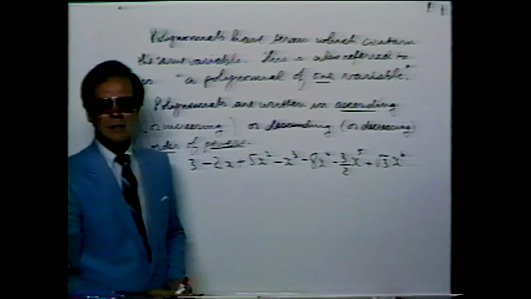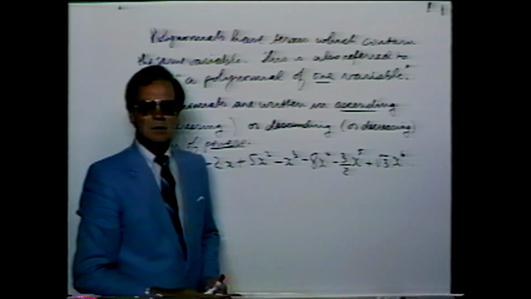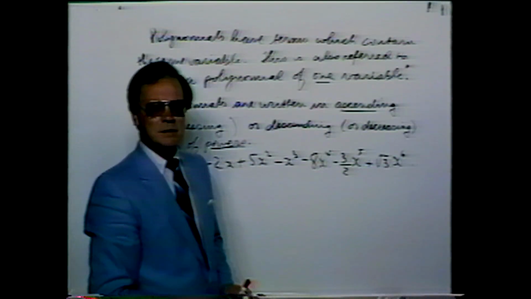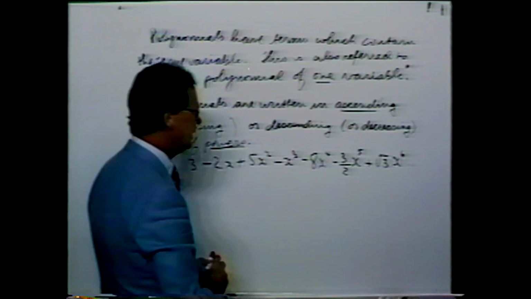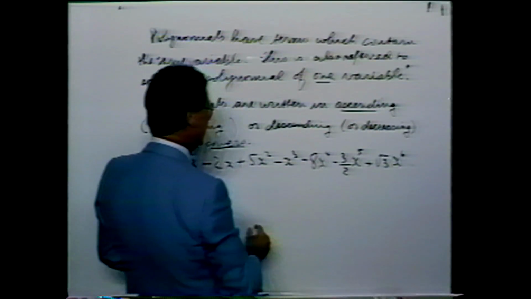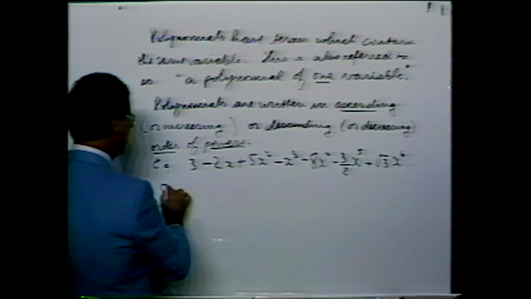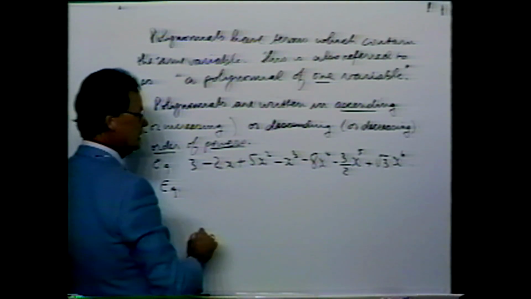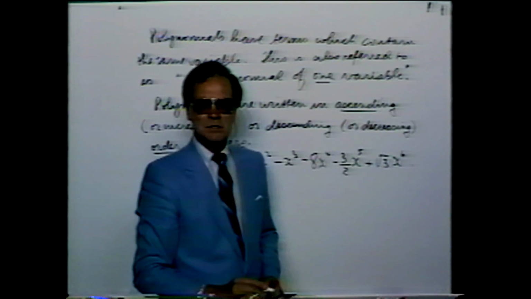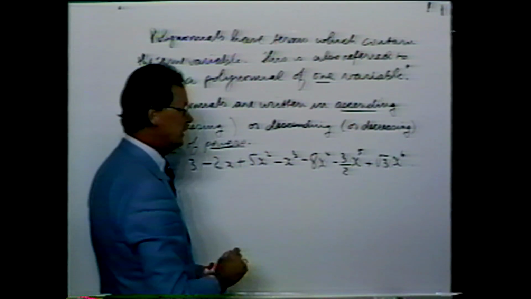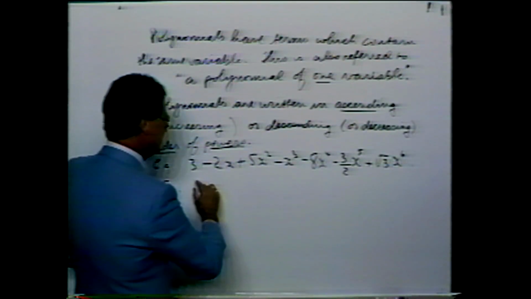We could rewrite this polynomial in descending order of powers by switching the terms around. And consequently, the same example representing the same polynomial could have been written in this fashion.